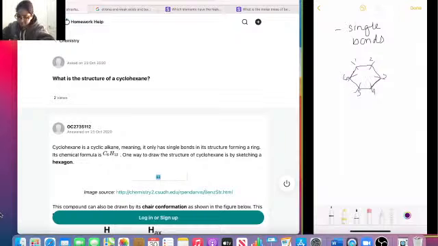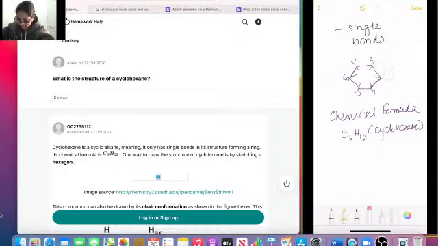And you have 12 hydrogens, so your chemical formula is C6H12. So this is called a cyclohexane. It's kind of like a ring structure, and that is why it's named a cyclohexane.